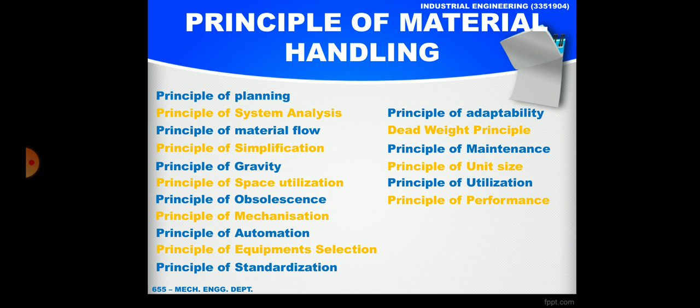Principle of performance. With proper material handling, performance of material, machine, and man is increased. And principle of safety. With proper handling, the safety of material, machine, and man can be achieved. And the principle of full capacity. If the performance is done in all the above conditions, full capacity is achieved.